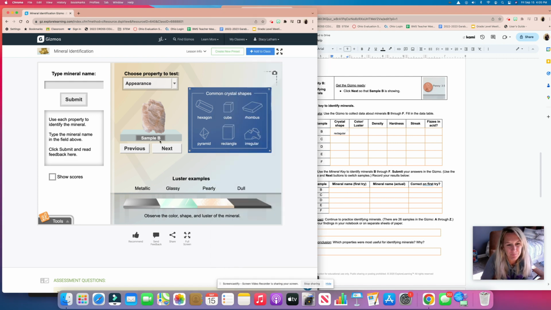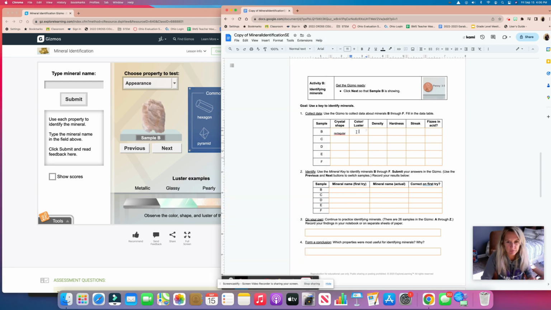It's a little bit difficult to tell, because you're just getting a little sliver of a mineral, so you can't just use the outside edges per se, but this one is actually a rectangular shape. Its color and its luster, so if we go down here, it's definitely not metallic because it doesn't shine like metal, but it does kind of have this pearly look, and it's definitely a pinkish color.